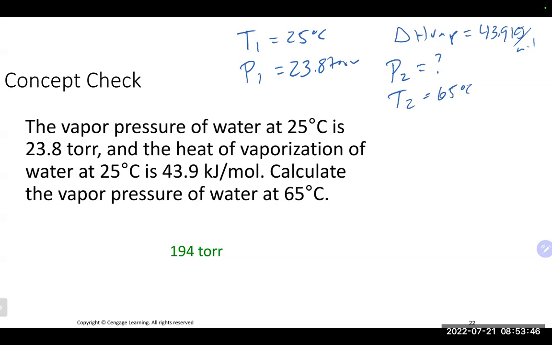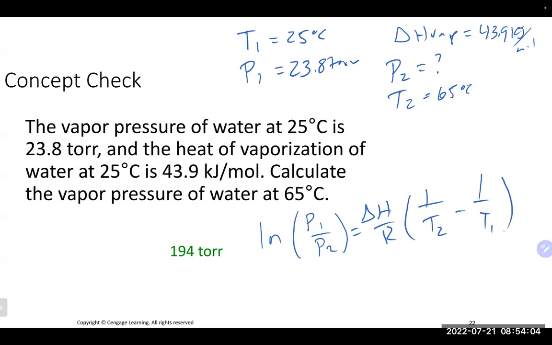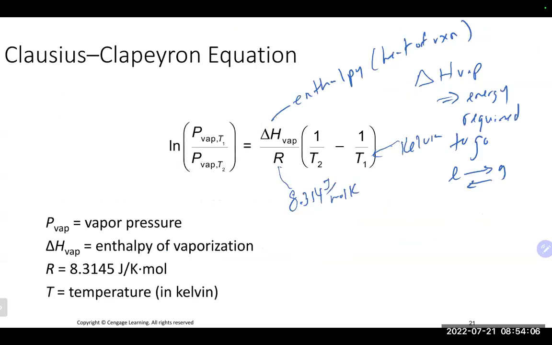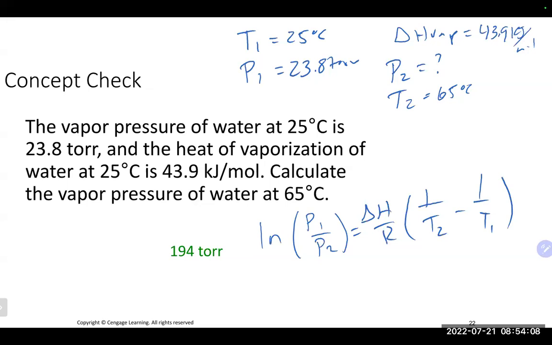So we could use our equation that we saw on the previous page, which is the natural log of P1 over P2 is equal to delta H over R times 1 over T2 minus 1 over T1, I believe. All right, so if we put these in, we do have to do some conversions.